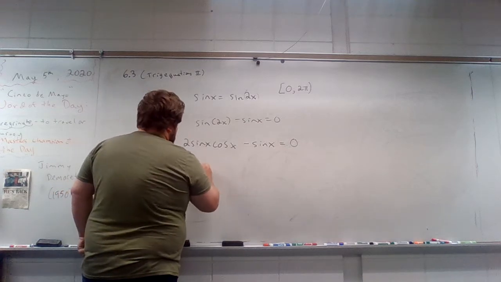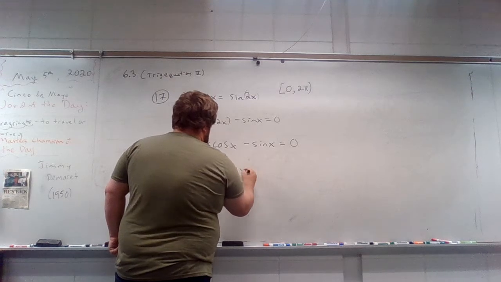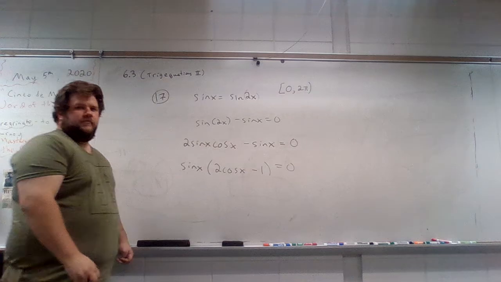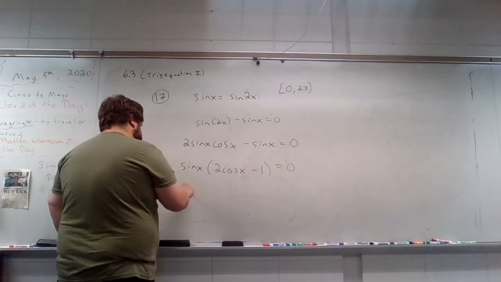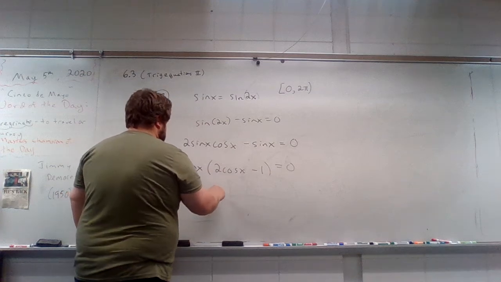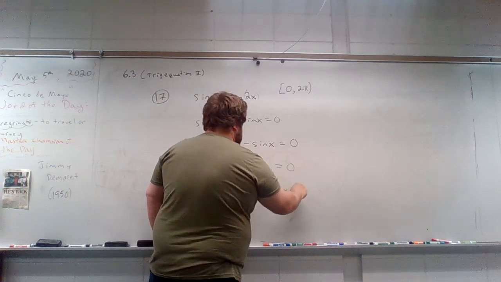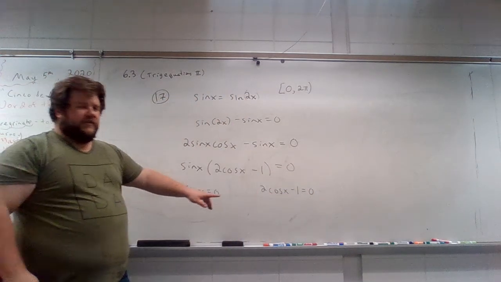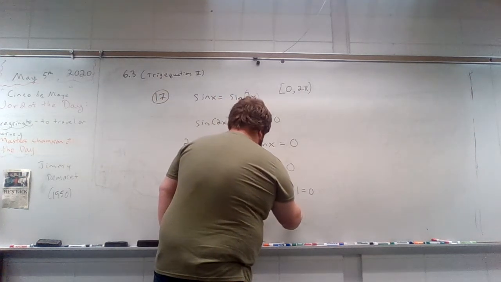And I've got the sine x times 2 cosine x minus 1, like this. Okay, so sine x could be 0, or 2 cosine x minus 1 could be 0. And if I solve this one right here, of course, I would get cosine x equals a half.